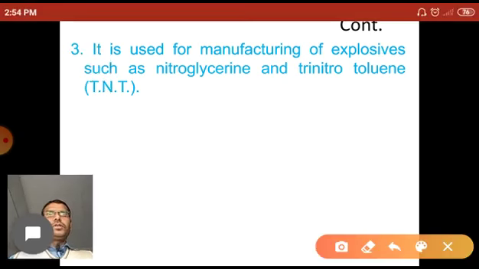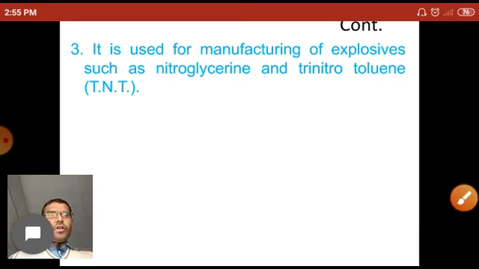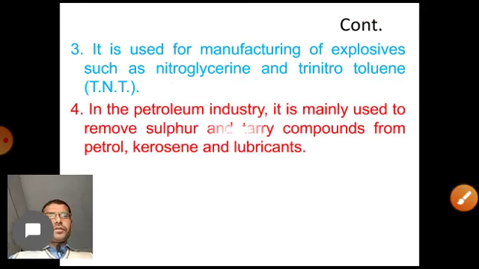Now sulfuric acid is also used for the manufacture of explosives such as nitroglycerin and trinitrotoluene. TNT is called trinitrotoluene. Nitroglycerin and trinitrotoluene are manufactured by using sulfuric acid.